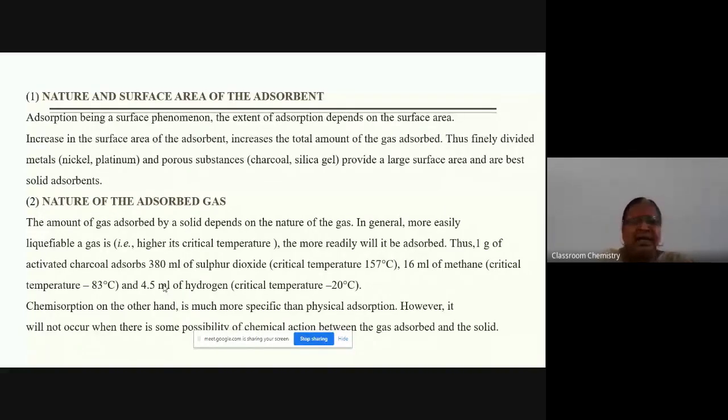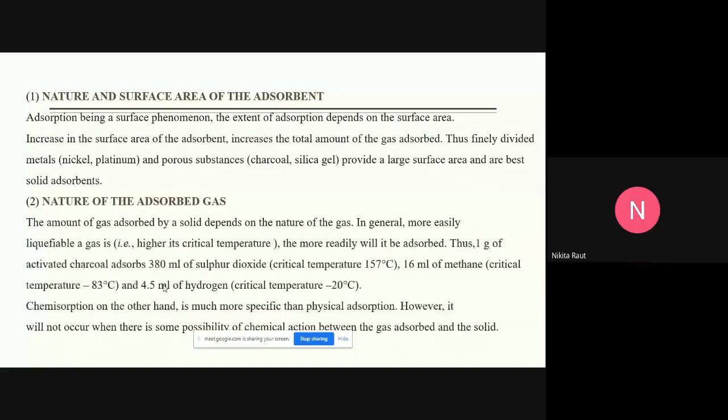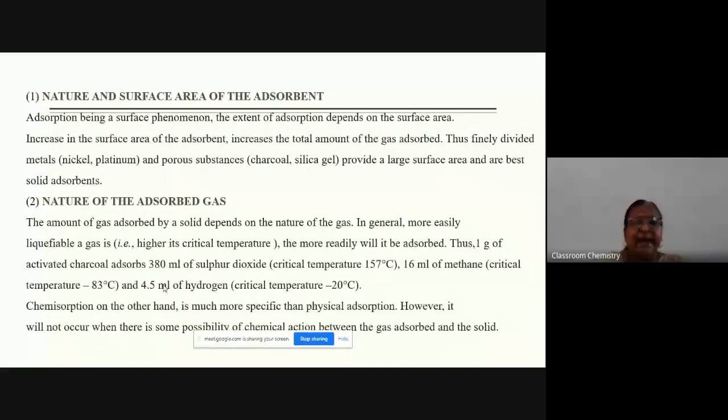For example, if we consider 1 gram of activated charcoal as adsorbent, it will adsorb 380 ml of sulfur dioxide. Its critical temperature is 157 degrees centigrade. Sulfur dioxide, SO2, is an easily liquefiable gas and therefore it is adsorbed more.